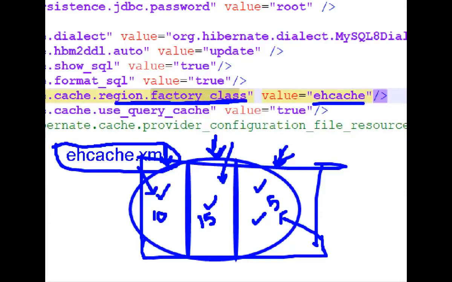How to identify every region? Every region can be identified with a name. We can give a name. Are you getting my point? Every region can be identified with a name. Yes, we can divide and identify it with a name. Let's see.